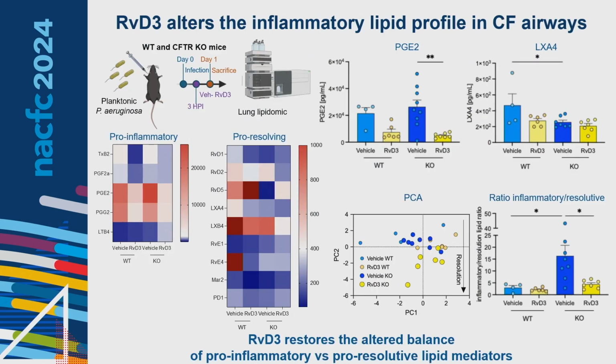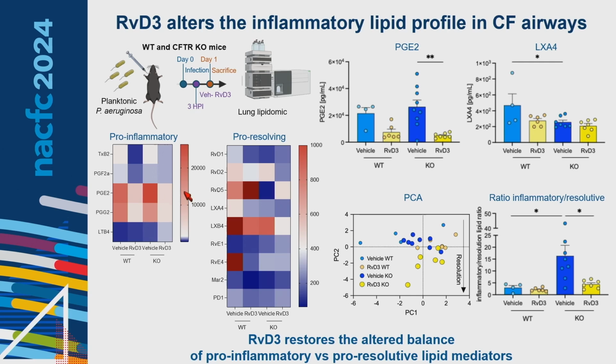Again, to corroborate the hypothesis that resolvin D3 is stimulating resolution of inflammation, we performed a lipidomic analysis on lungs of mice infected, as described above, with Pseudomonas aeruginosa, treated with resolvin or vehicle, of course, and sacrificed the day after.